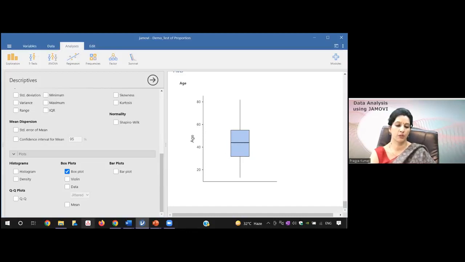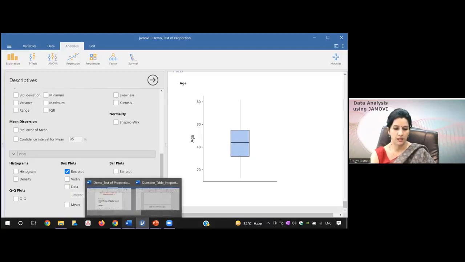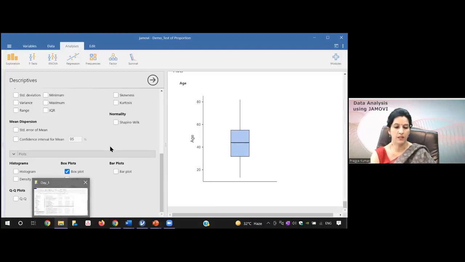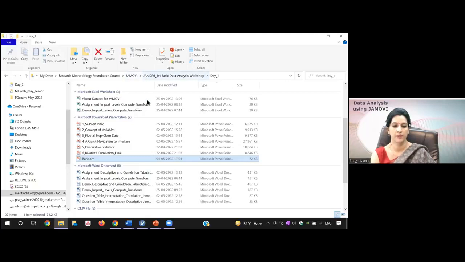Maybe with more continuous data, let me show if you wish. I'll again go to day 1 where I have that continuous data. So this correlation I may open once.